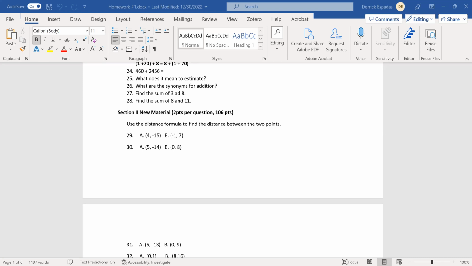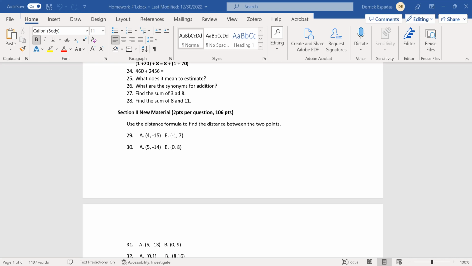Right, x2 minus x1, y2 minus y1. 6 minus 2 is 4. And 5 minus 2 is 3.